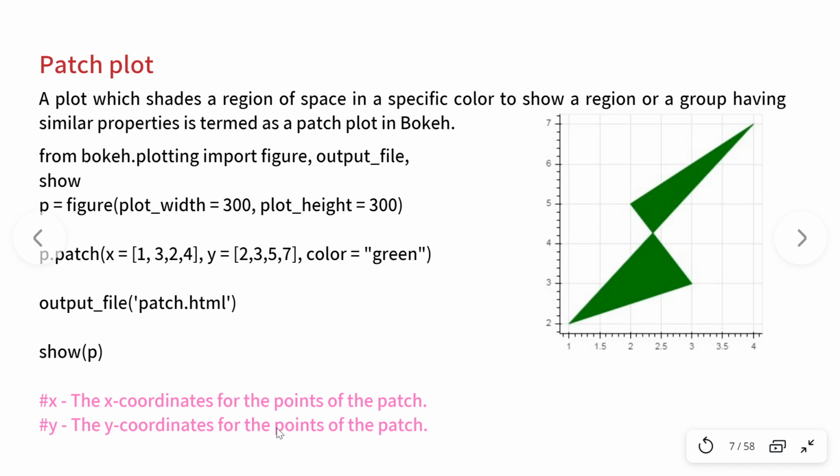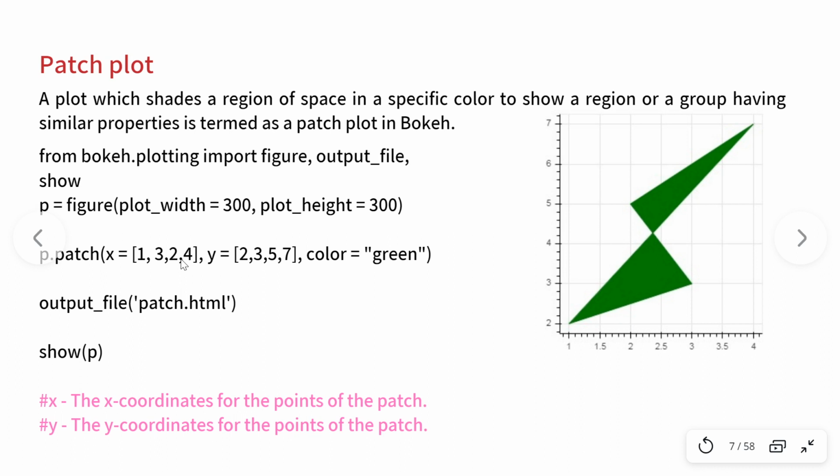So x is the x coordinate of the patch and y is the y coordinate of the patch. For example, let's say x is 1. So this is x1. Then the corresponding y value is 2. So (1, 2) becomes the first point. Then x3, the corresponding y value is also 3. So (x3, y3) becomes the second point.